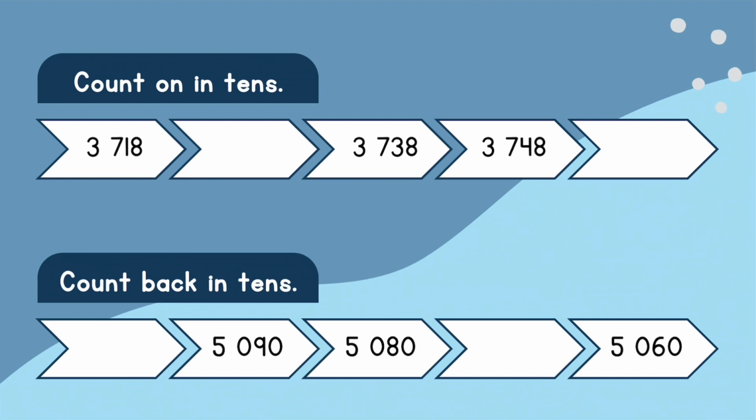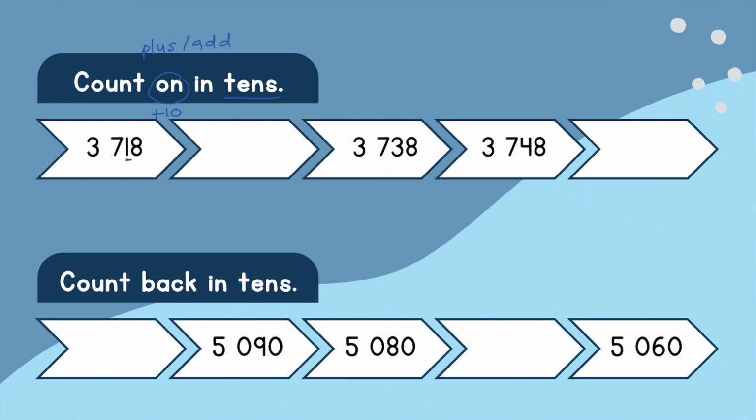So this time we need to count forward because it's count on, and we need to move 10 steps forward for each number. So again, for count on, that means we need to add 10. Here we have 3718 plus 10. So the tens place value here, 1, will change. The thousands, hundreds, and ones will remain the same.